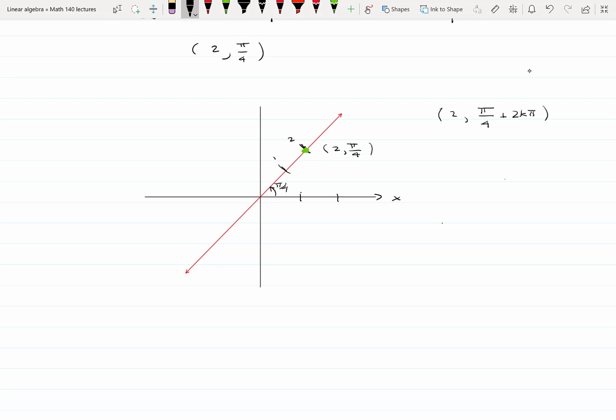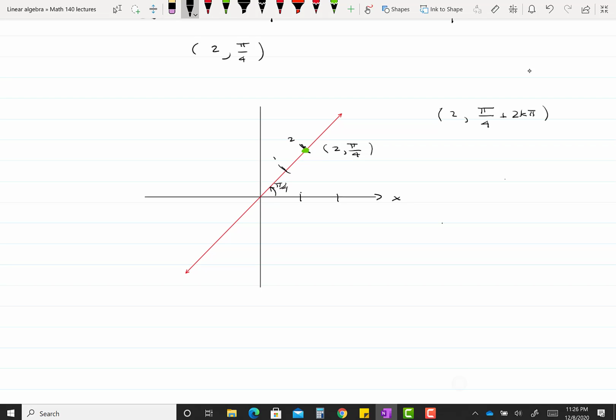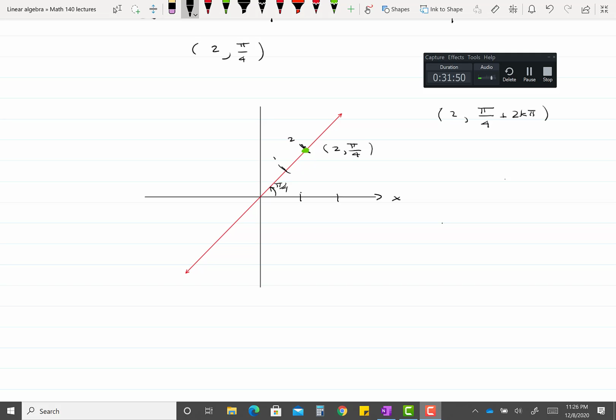Now, I would like to have a representation of that same point using a negative value for r. So here's what I mean.